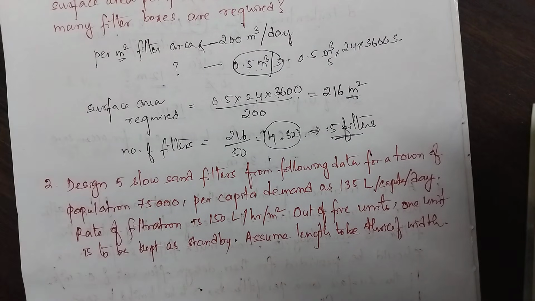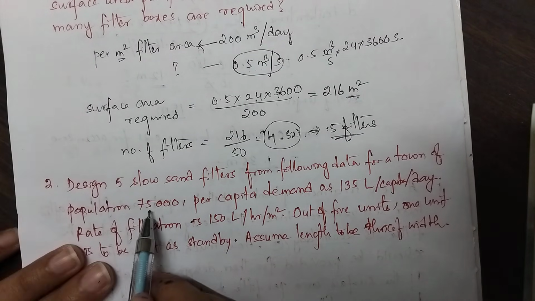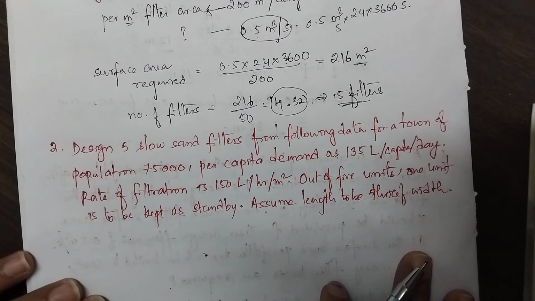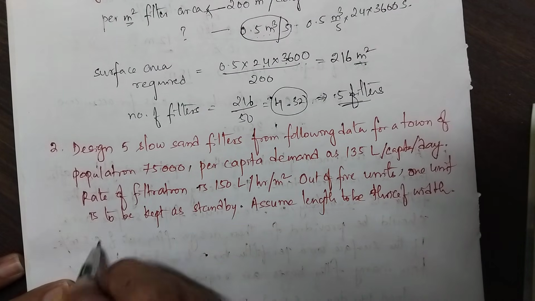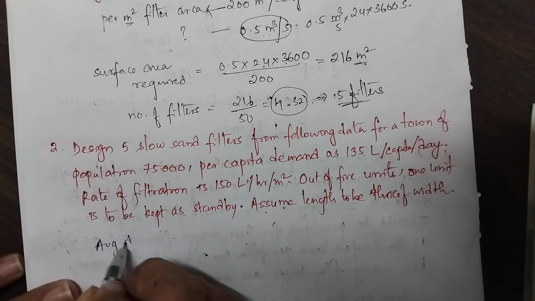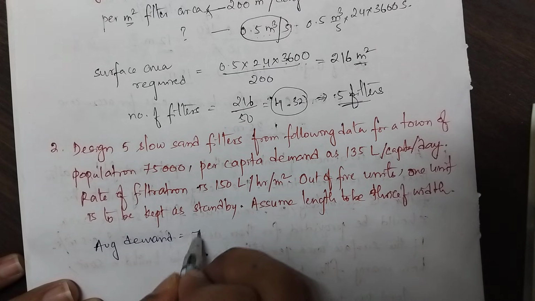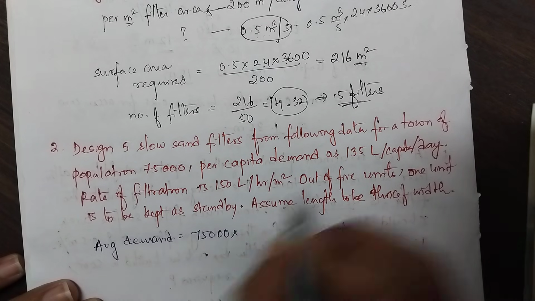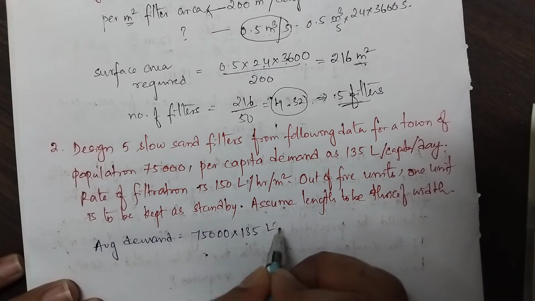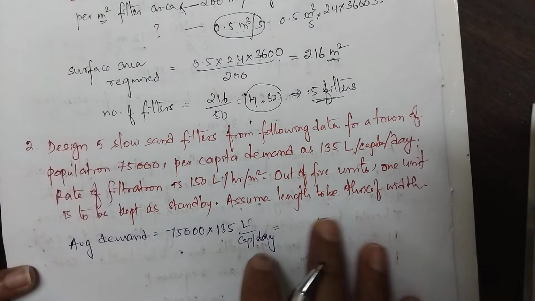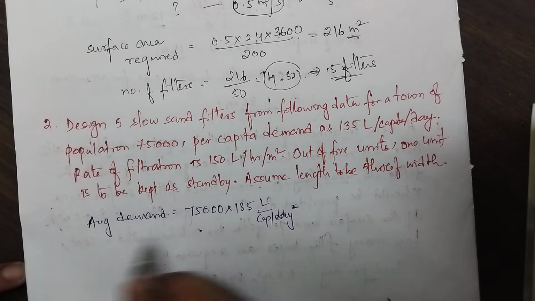So now we have population 75,000 and per capita demand is 135 liters per capita per day. So average demand would be 75,000 into 135 liters per capita per day. So this would be the average demand.